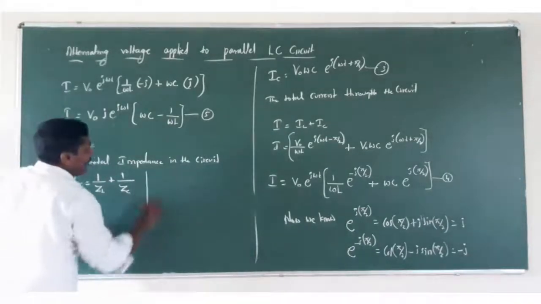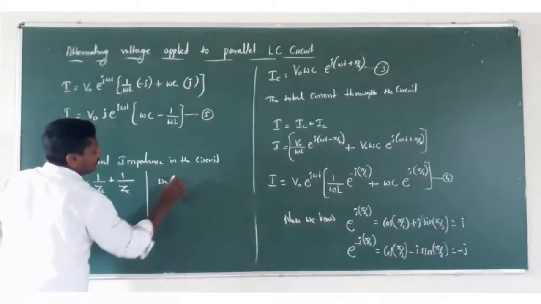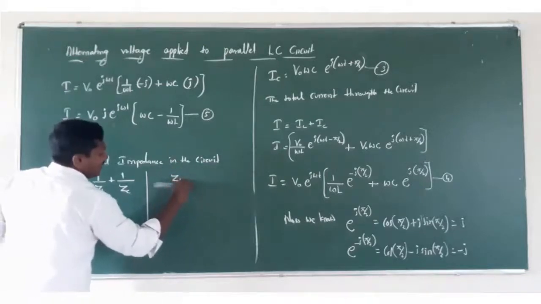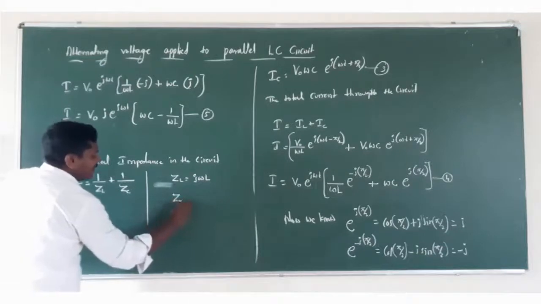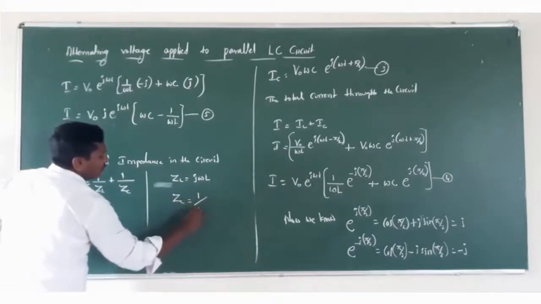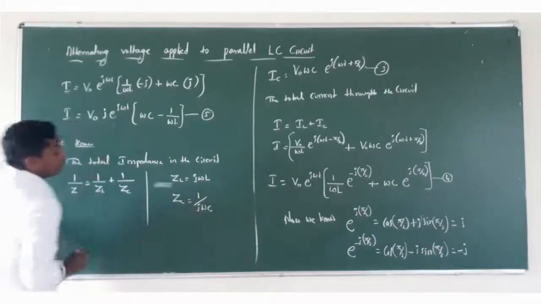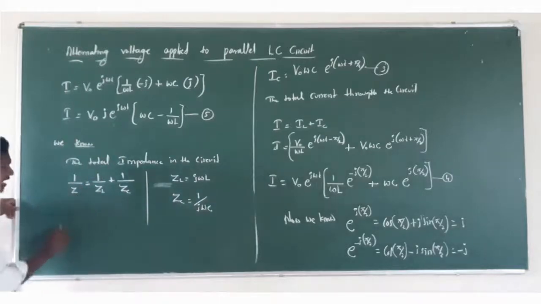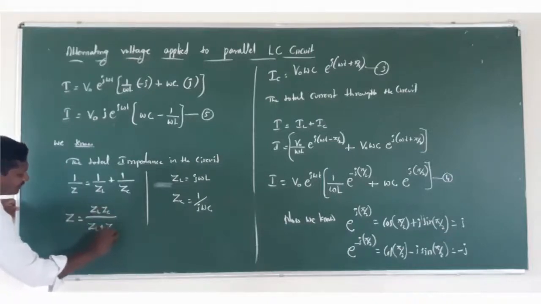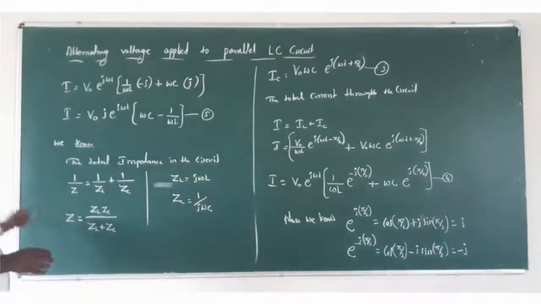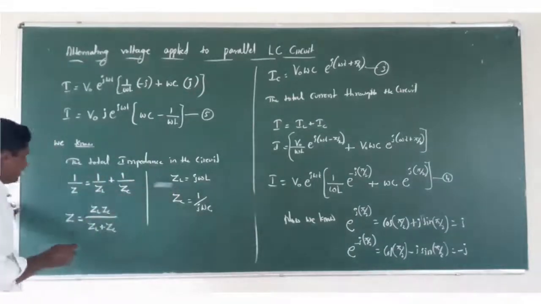But here we have to know that ZL is equal to j omega L, and ZC is equal to 1 over j omega C. Now, this can also be written as Z is equal to ZL into ZC divided by ZL plus ZC. Now, substitute the values of ZL and ZC here.